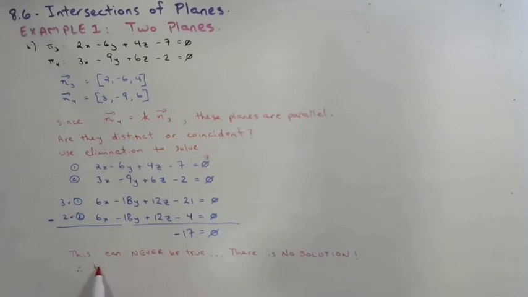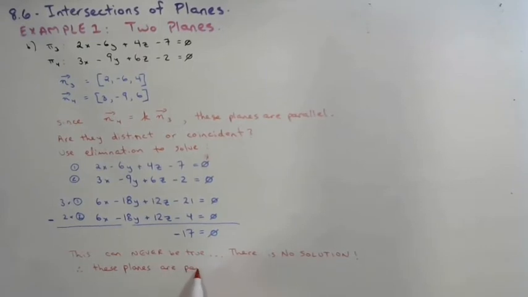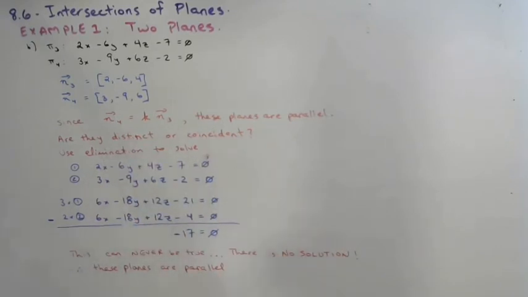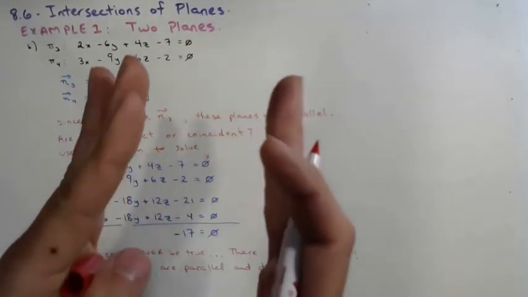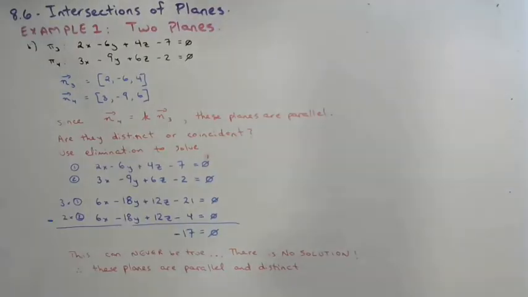Therefore, these planes are parallel, which we found out because their normal vectors are the same. They're going the same direction. These planes are parallel and distinct. So one plane is above the other or beside the other, or whatever they are. They're going the same direction, but they're distinct.